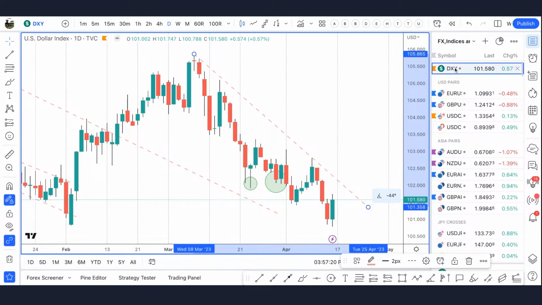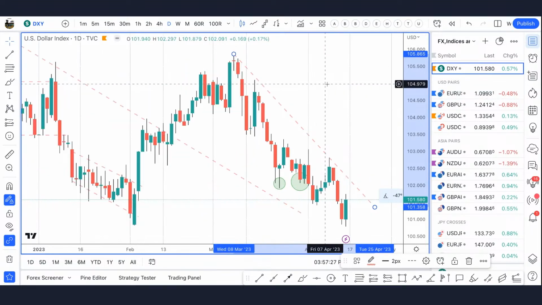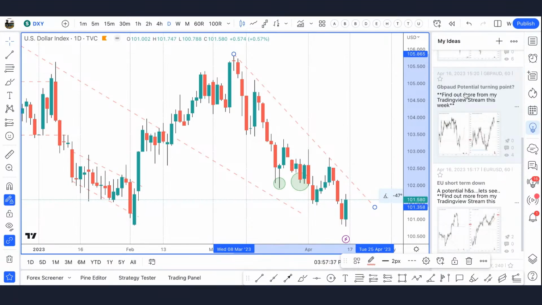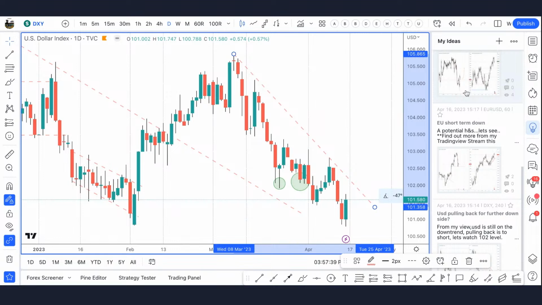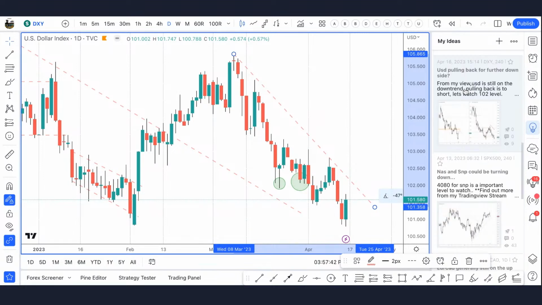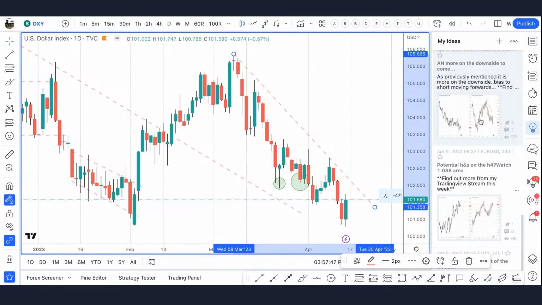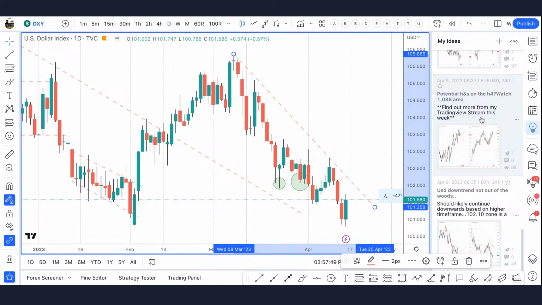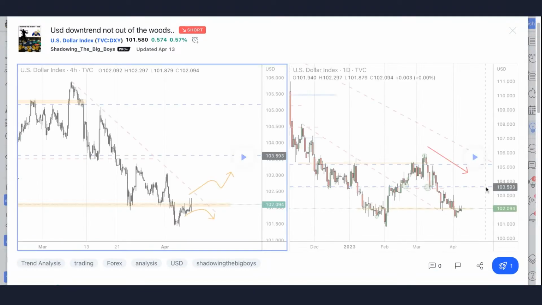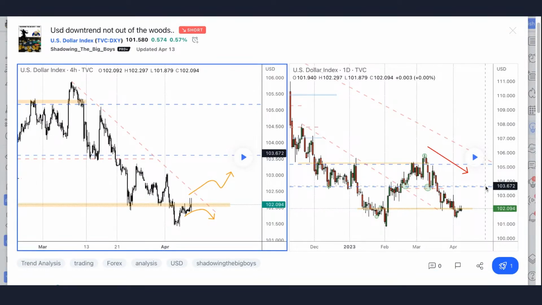Maybe what we can do now is revisit what has happened over the last week. Looking at the chart, referring back to the USD, just a recap from last weekend: I was saying that USD still seems quite weak, still on the downtrend and not out of the woods.